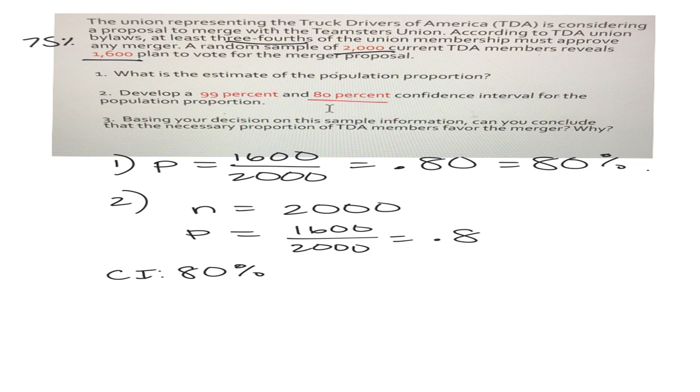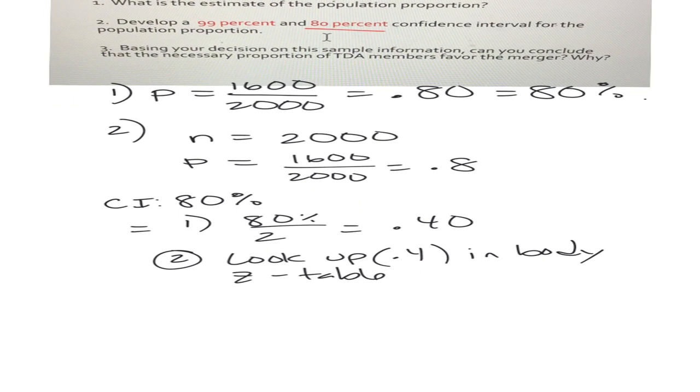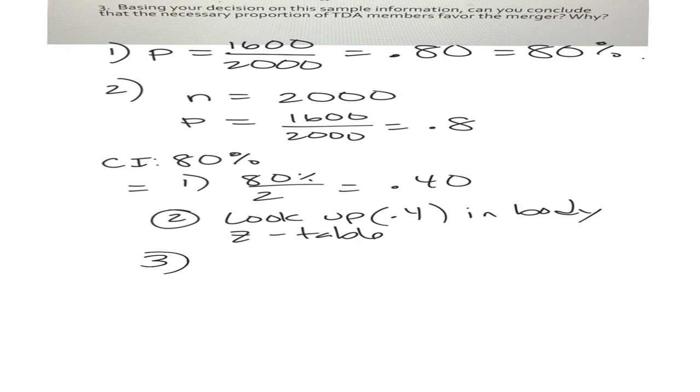Recall our process: we take the 80% and divide it by 2, so we get 0.4. Step 2, we look up 0.4 in the body of the z-table, and we find that it corresponds to 1.28.